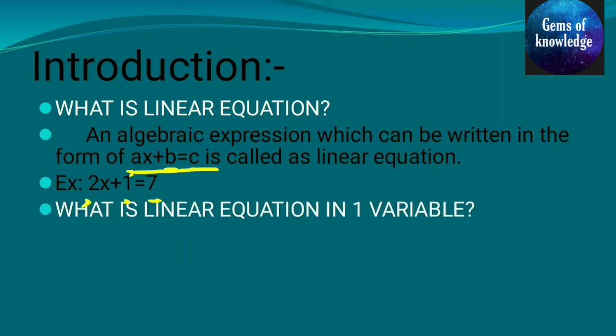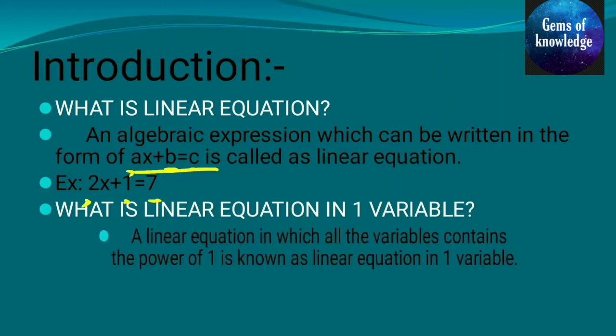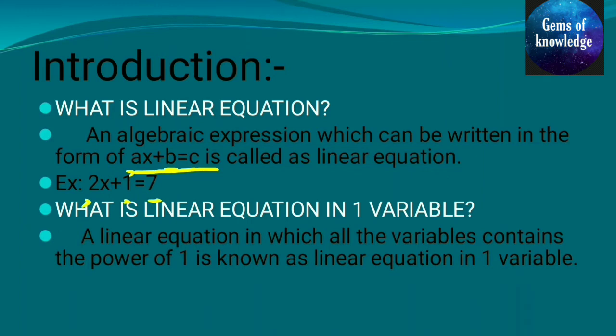Next, what is a linear equation in one variable? Now we came to know what is a linear equation. What do we mean by one variable? A variable is nothing but any alphabet written in an expression. A linear equation in which all the variables contain the power of 1 is known as a linear equation in one variable.